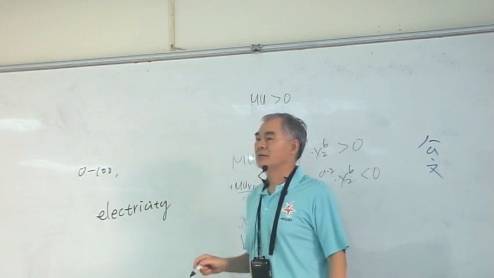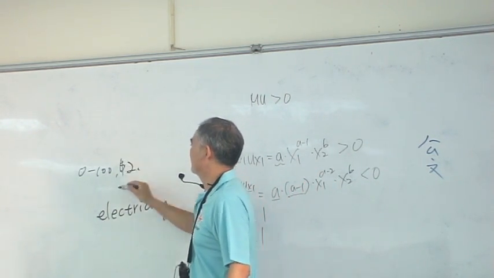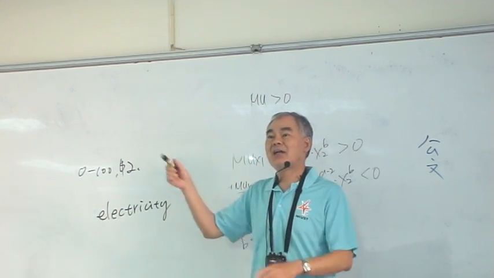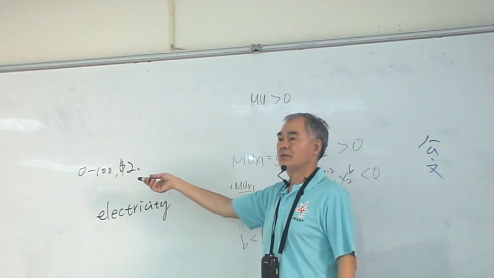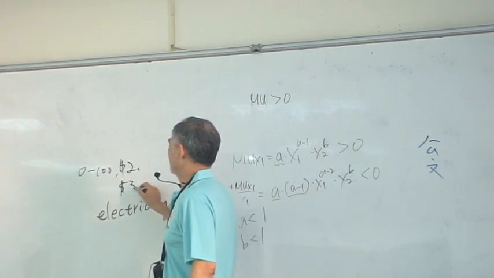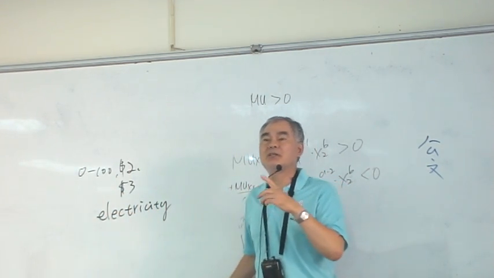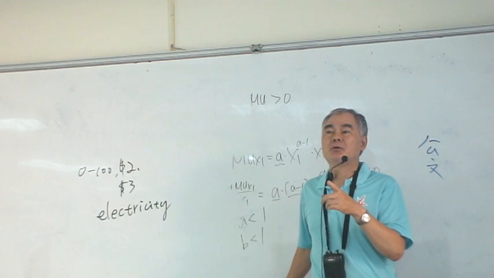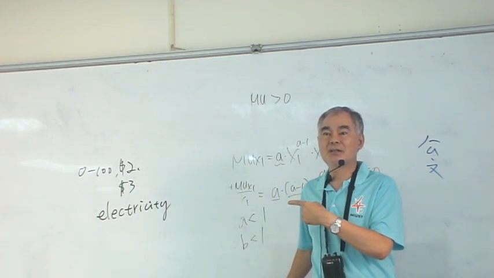What's the rate? I remember that it's something like 2 point something, okay? But the higher you consume, what happened to the rate? Goes up, right? Okay? Let us say $3 and, so this is different because we encourage people to save electricity, right? We encourage people to save electricity.